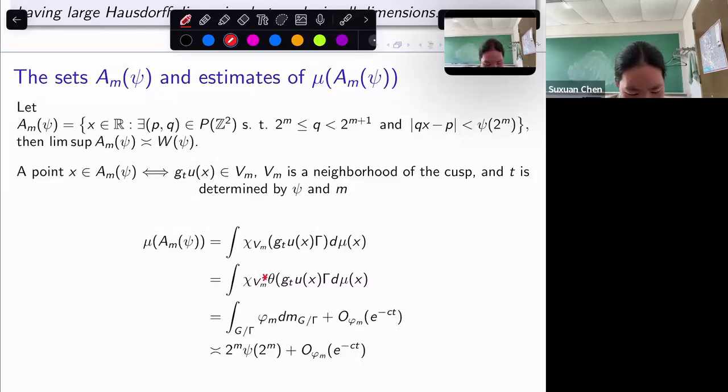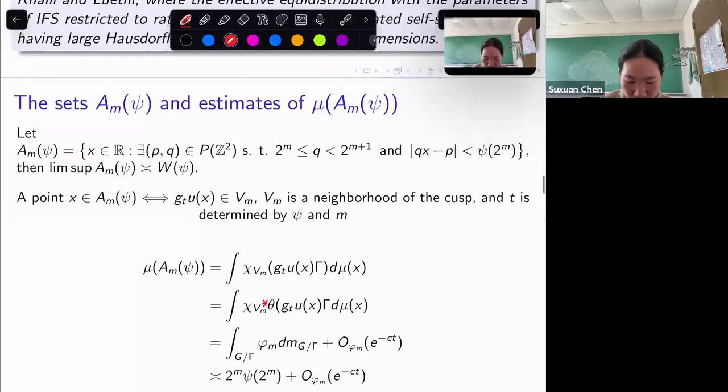First we let A_m(psi) be the collection of x such that there exist p, q which are primitive vectors, meaning p and q are coprime, such that q is between 2^m and 2^(m+1), and |qx - p| is less than psi(2^m).